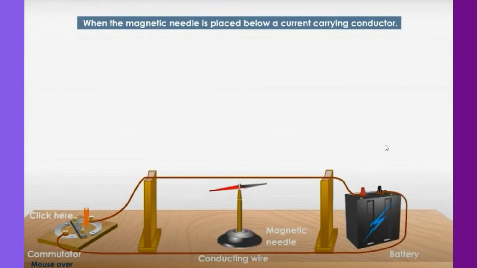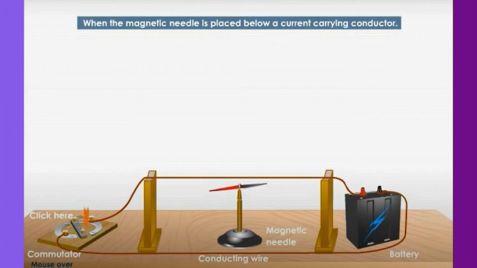Let us take a thick insulated copper wire and fix it in such a way that the portion AB of the wire is in the north-south direction, as shown in the figure on the screen. A plotting compass M is placed under the wire AB. The two ends of the wire are connected to a battery through a switch.